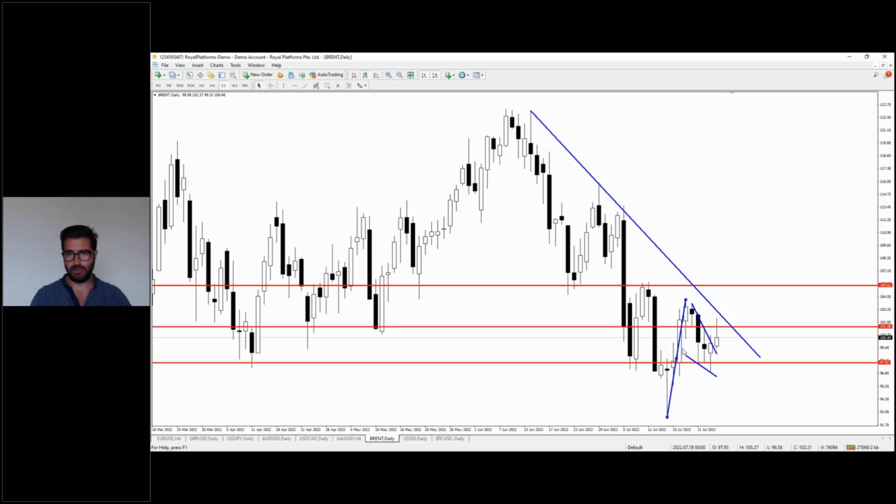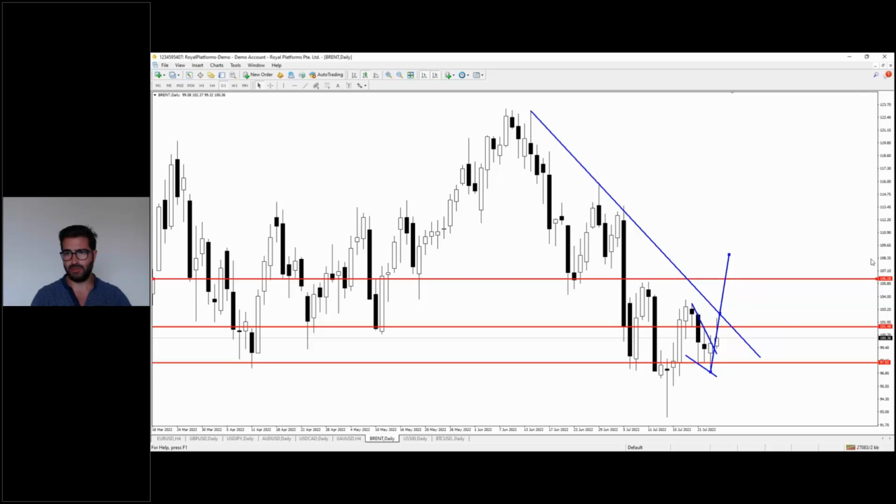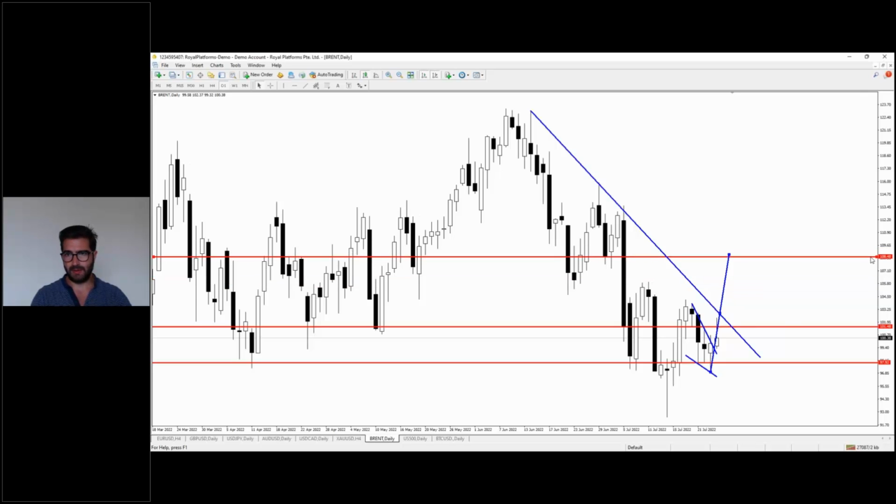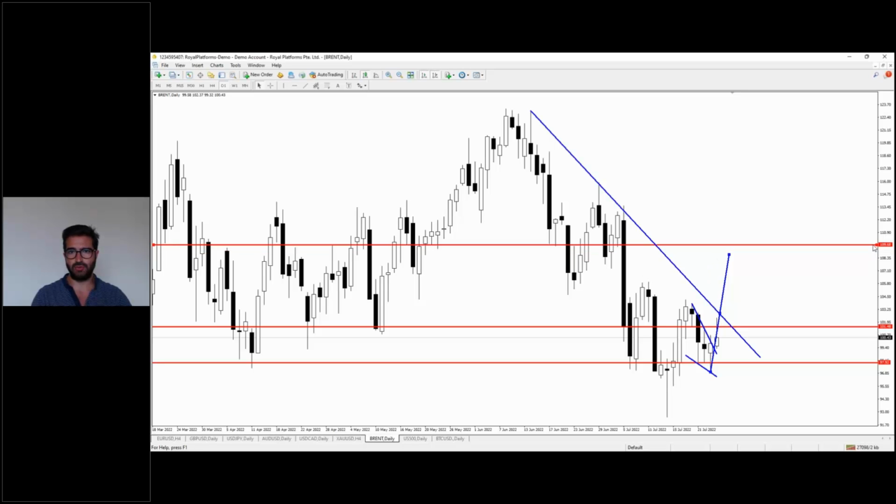I am bullish, so first one 105, next one could be around this level here, most probably here, like this, using the low and the high. 109 or 108, to be a little bit conservative, 108.